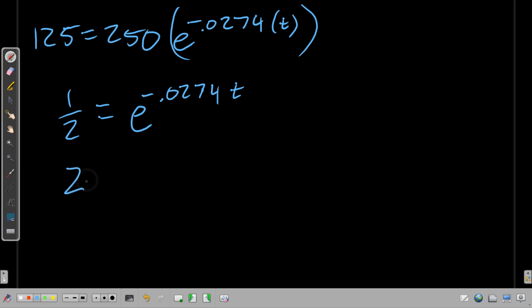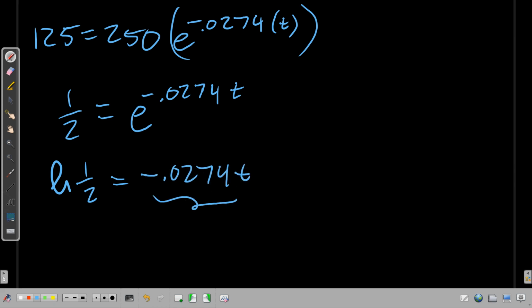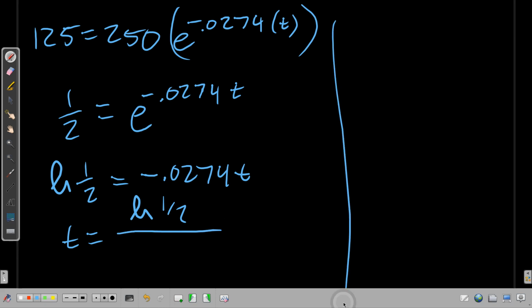And like I said before, 2 to the minus 1. I won't even do that. So natural log of 1/2 is a negative number. It equals a minus 0.0274 t. Divide both sides by this other negative number and you'll get a positive number. So t is the natural log of 1/2, which is just minus the natural log of 2, if you've been keeping up with your logarithm properties.